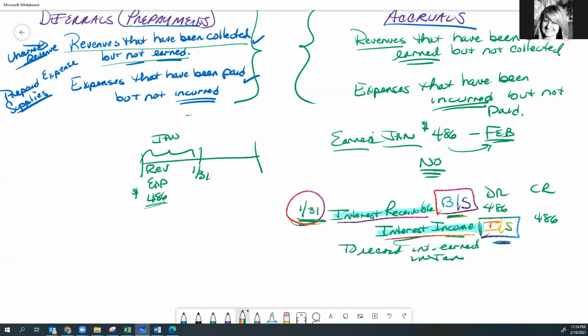If our interest income is understated, that means our net income is understated. Net income gets closed to retained earnings, so retained earnings is understated. Retained earnings is part of owner's equity, so our owner's equity would be understated as well. So it is important to be able to follow those adjustments through.